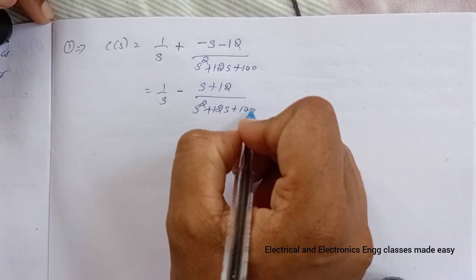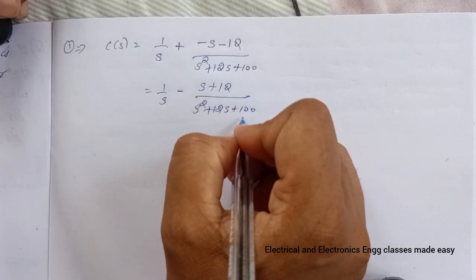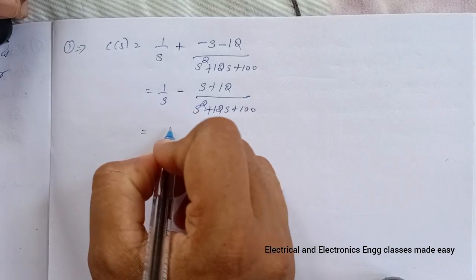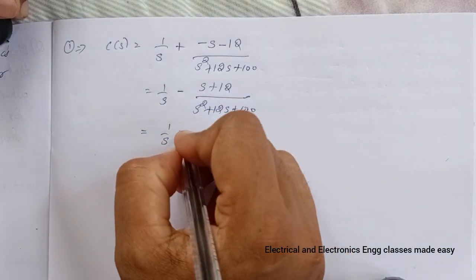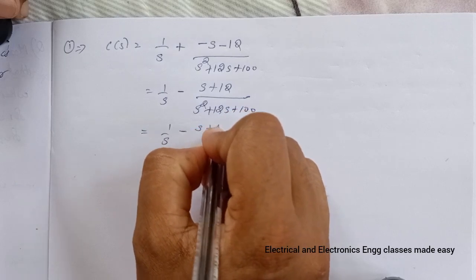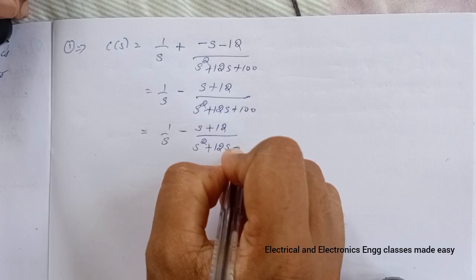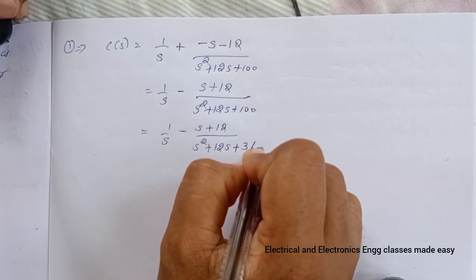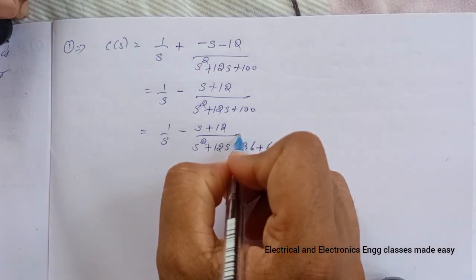Here this 100 we can write as 36 plus 64. So we get 1 divided by s minus (s plus 12) divided by (s plus 6) the whole square plus 64.